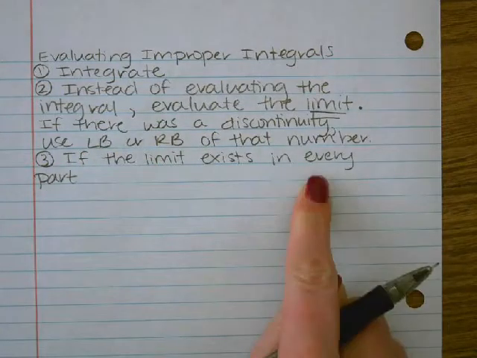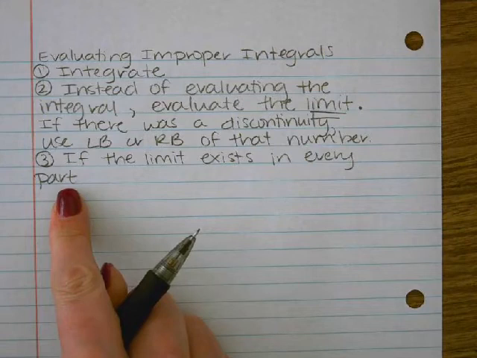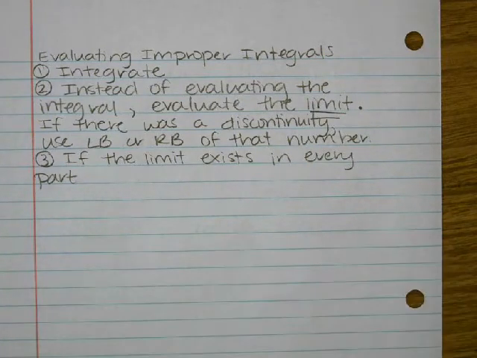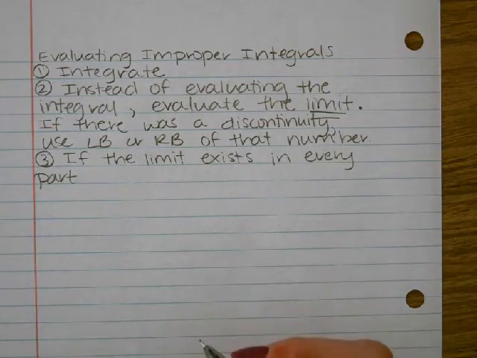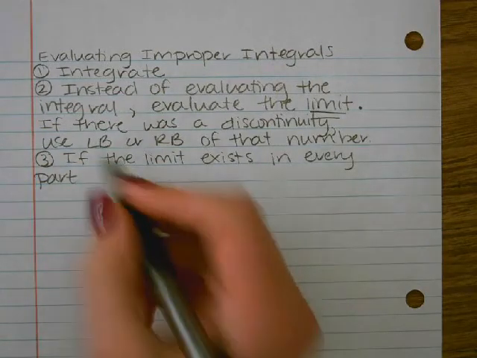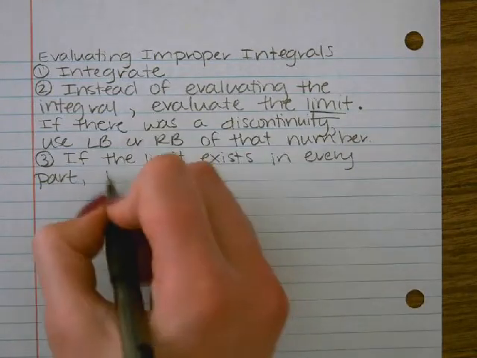What I mean by every part is that when you integrate something, it could be something plus something else minus something else. So every single piece of that integral would have to have a limit that existed. So if the limit exists in every part, then the integral converges to that value.